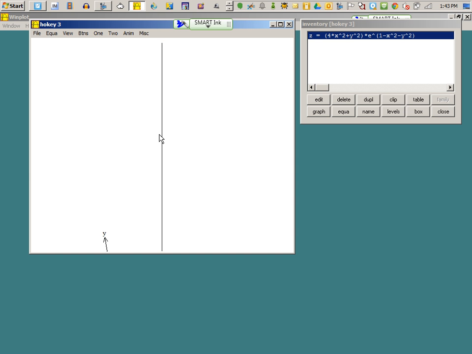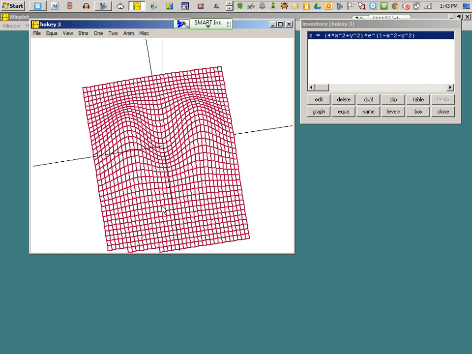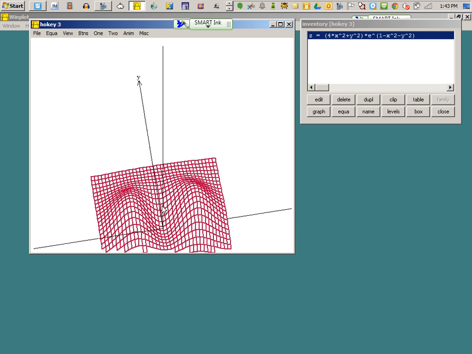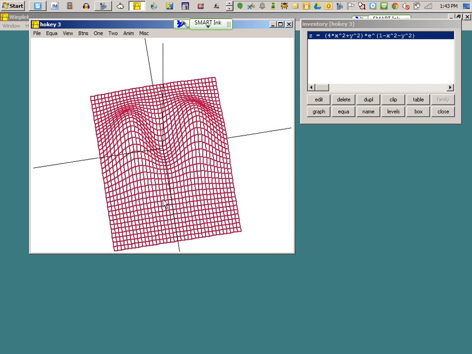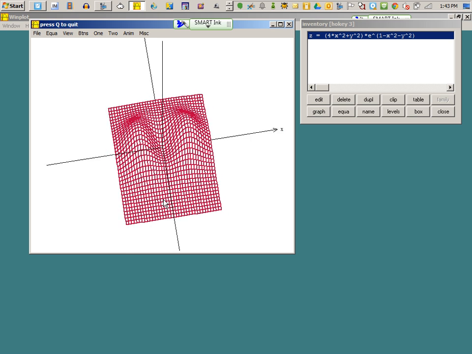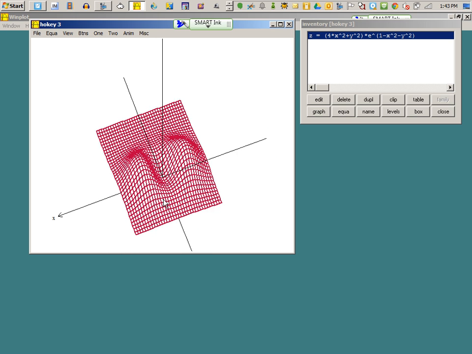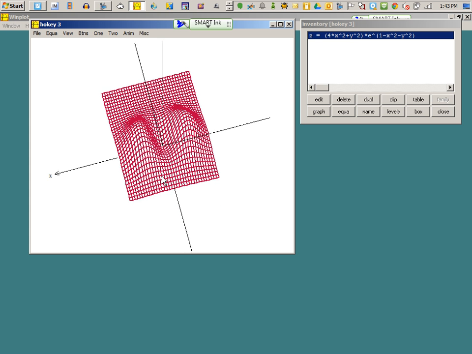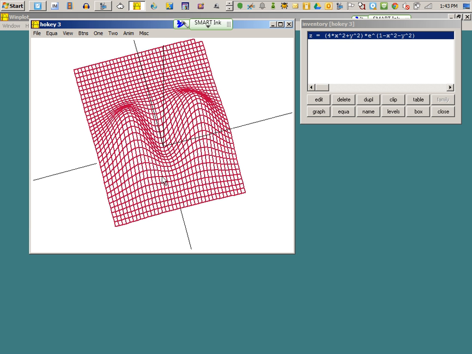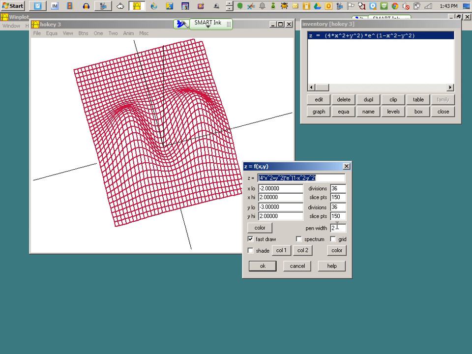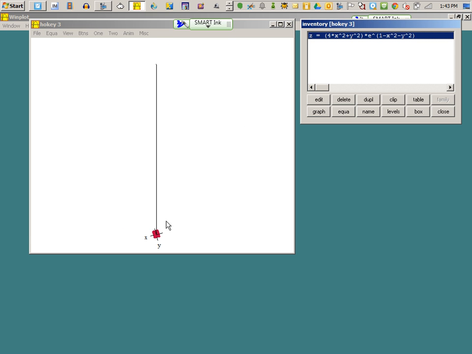Well, this might be a little hard to display. Hey, I see some bumps. It's kind of hard to get a good angle on it. Zoom in one more time. And let me change the pin width a little. Let's do more divisions. Let's do 72. Hopefully I don't lose my graph here. Sometimes if you do too detailed, you can lose it.